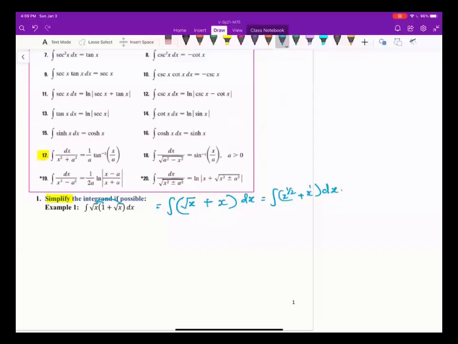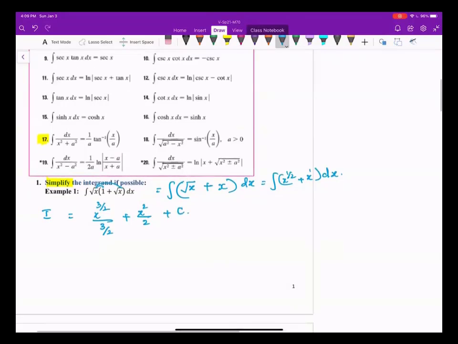When you integrate, I'm going to call the given integral I. So it's x to the 1 half plus 1, which is 3 halves, divided by 3 halves, plus x squared over 2. Being an indefinite integral, you have to add the c. Then you clean this up.